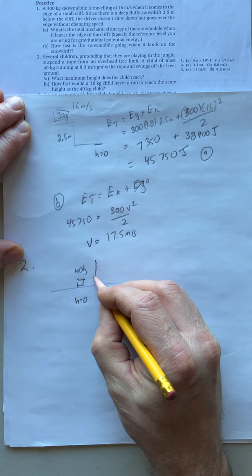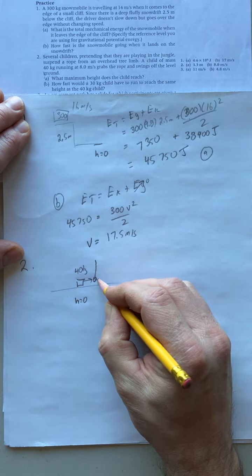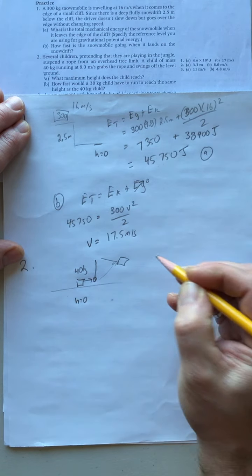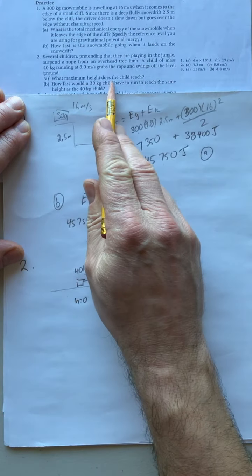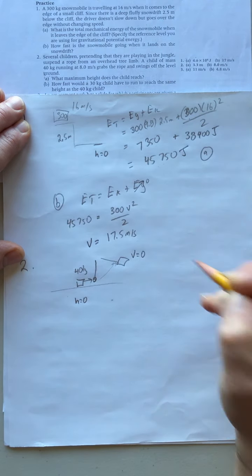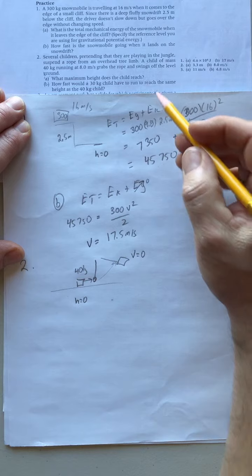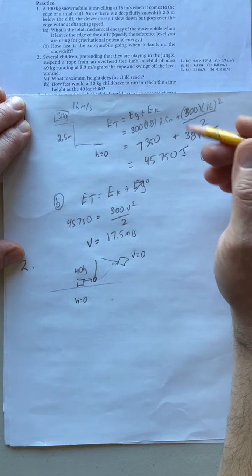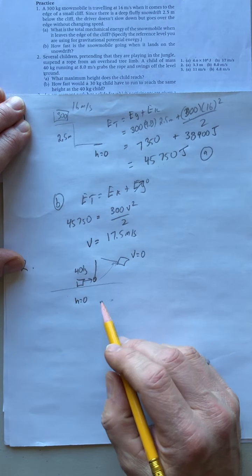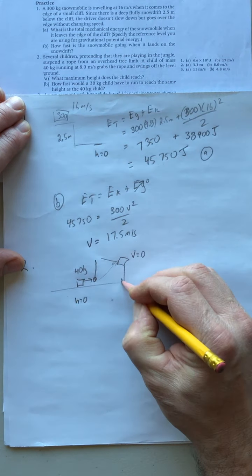She's going to grab onto this rope and swing up, and probably come to a stop at a maximum height. They're just changing the mass, but we just said the mass cancels out, so that's not going to be an issue. But let's find out how high she gets.